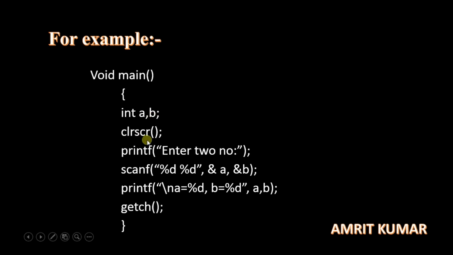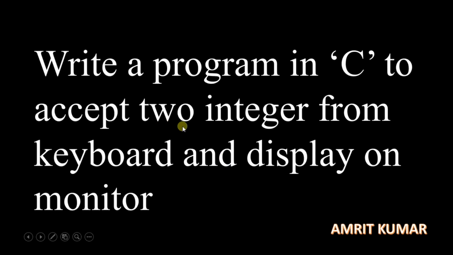Now I have used the clrscr function, and this function is used to clear the screen. Means whatever is written on the screen, that function is going to clear off. After that I have used the printf function, as I told about the printf function in the previous video, that whatever message it will display should be within double quotes. In printf I have used "enter two numbers", because I have to accept two integers from the keyboard.